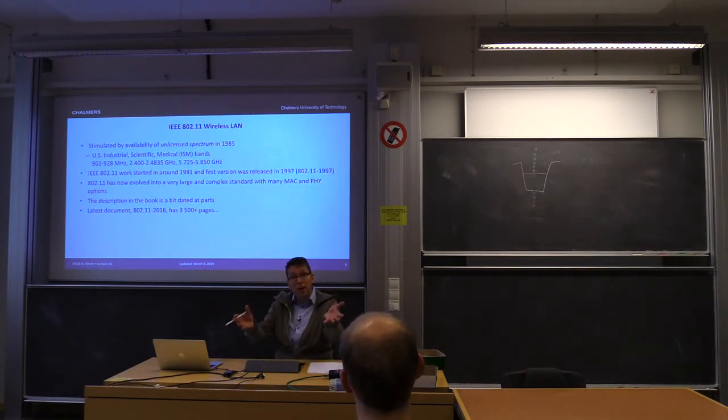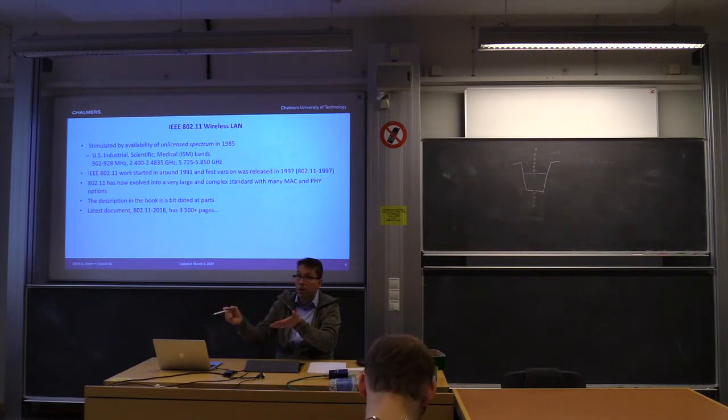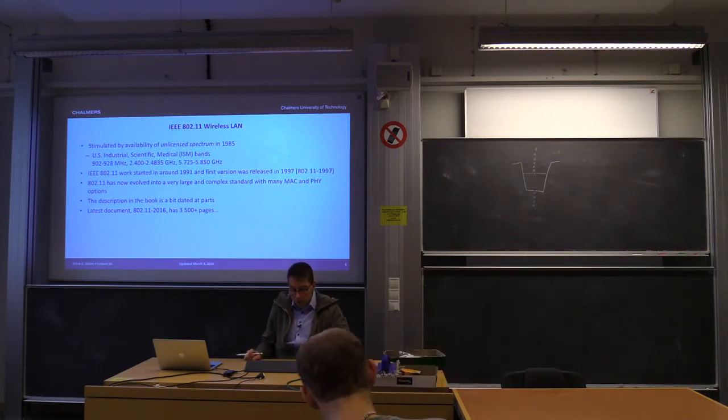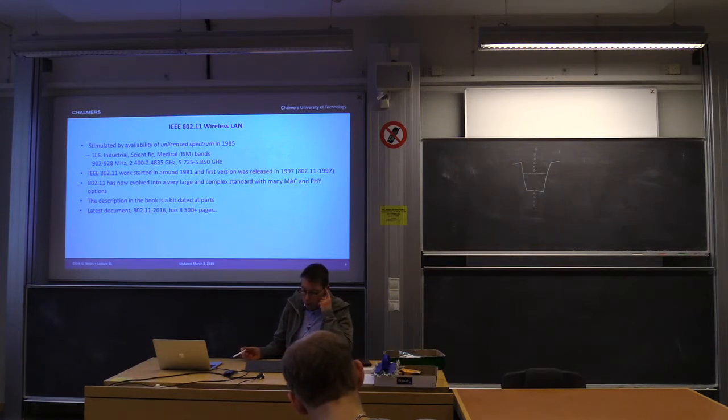So the Wi-Fi Alliance has cut out a subset of the standard and said, okay, everything that has fulfilled these requirements gets a Wi-Fi stamp on it. And then you can buy a Wi-Fi thing from Cisco and a Wi-Fi thing from Netgear, and you know that they will be able to talk to each other. Right. Okay, but anyway, so what was the starting point of this?